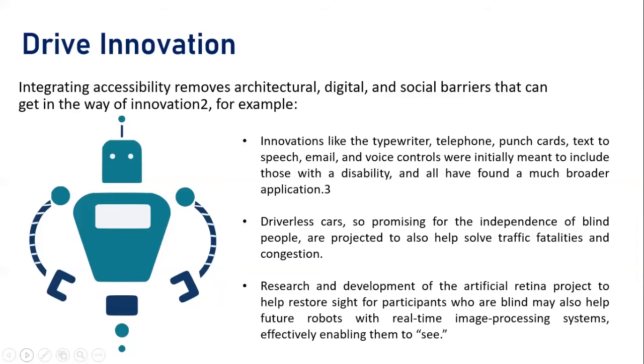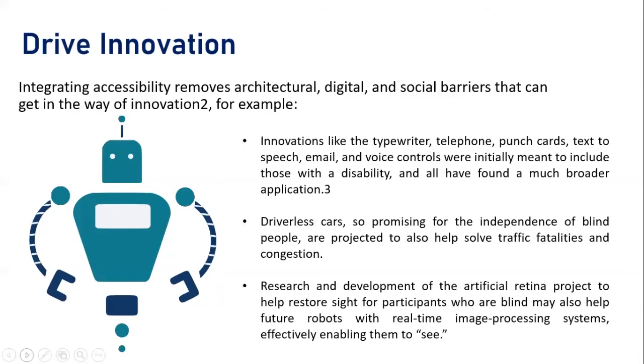And another example could be the Artificial Retina Project, which looks at restoring the sight for participants who are blind, but could actually help future robots with real-time image processing systems, etc. And so, in fact, at IPSAM, we've been looking at how we could help blind persons be able to navigate.